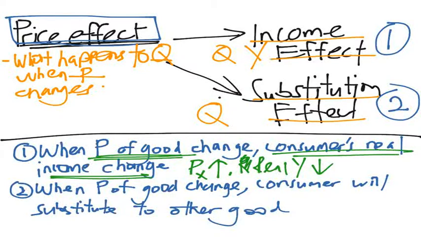Because when the price of a good increases, with your current income you can buy less of the good, meaning you are not as rich as before, and the increase in price corrodes your buying power, which causes your real income to decrease.